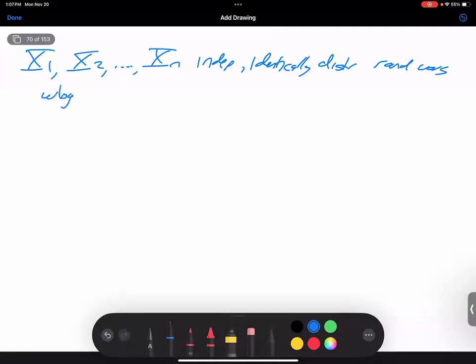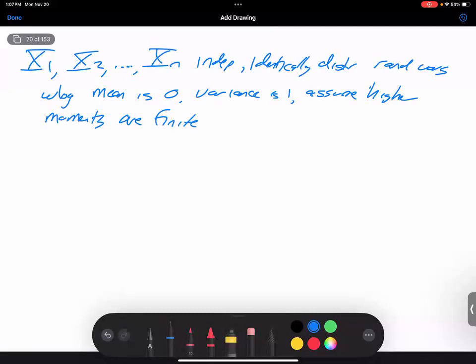Without loss of generality, the mean is 0, the variance is 1, and I'll assume the higher moments are finite. Okay, I'm not going to assume anything about how finite.